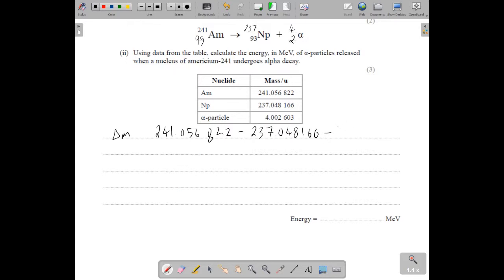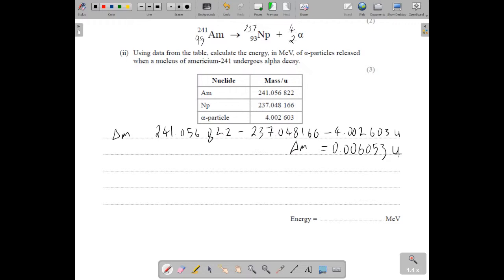So if I take away these masses, then I should get a final answer for my change in mass, and my change in mass here I've worked out to be 0.006053 U. Okay, now U is the atomic mass unit, U for unit.